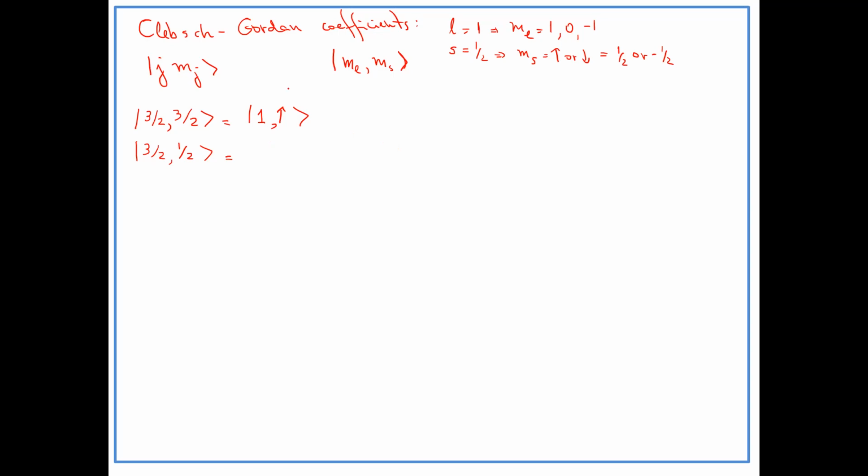Let me do first the J equals 3/2 case, and after that we do J equals 1/2. The 3/2, 1/2 state is the square root of 1/3, ML equals 1 spin down, plus square root of 2/3, ML equals 0, and spin up.